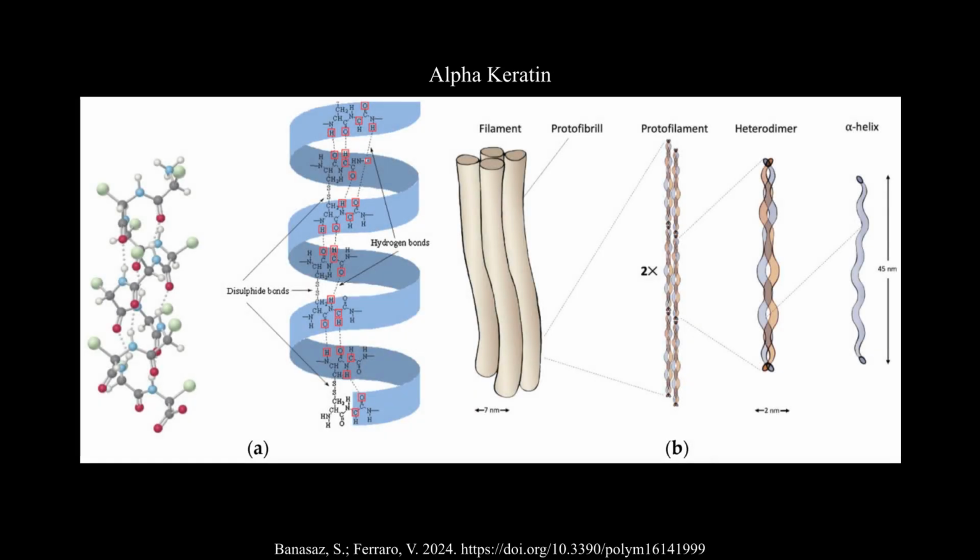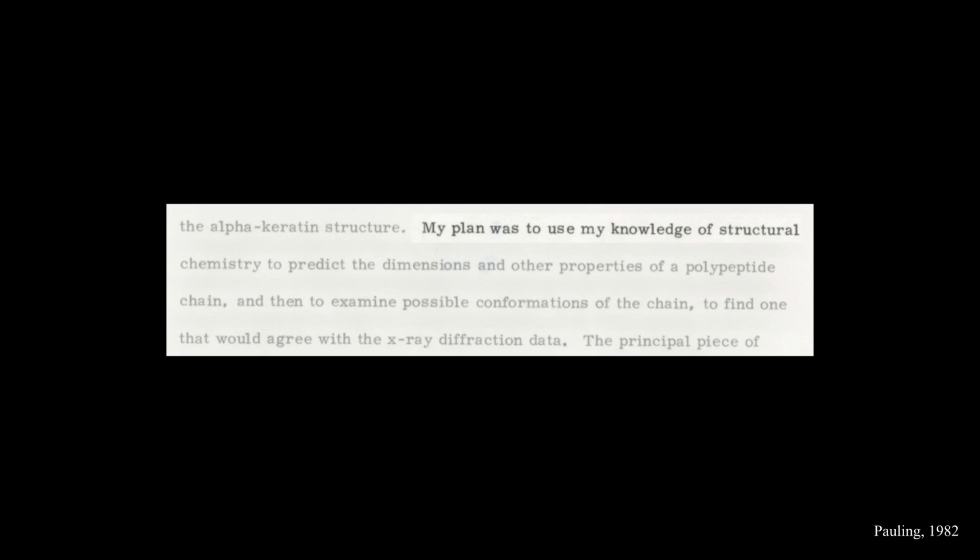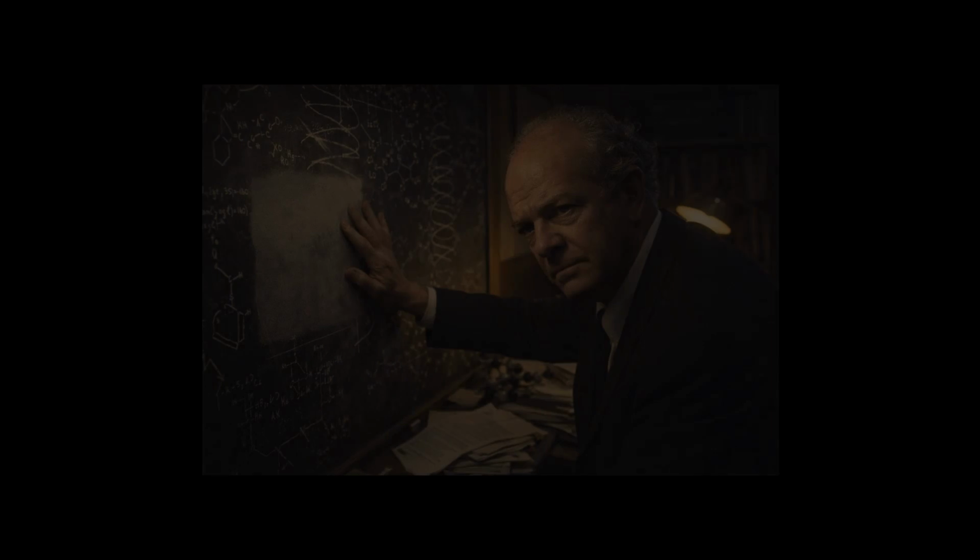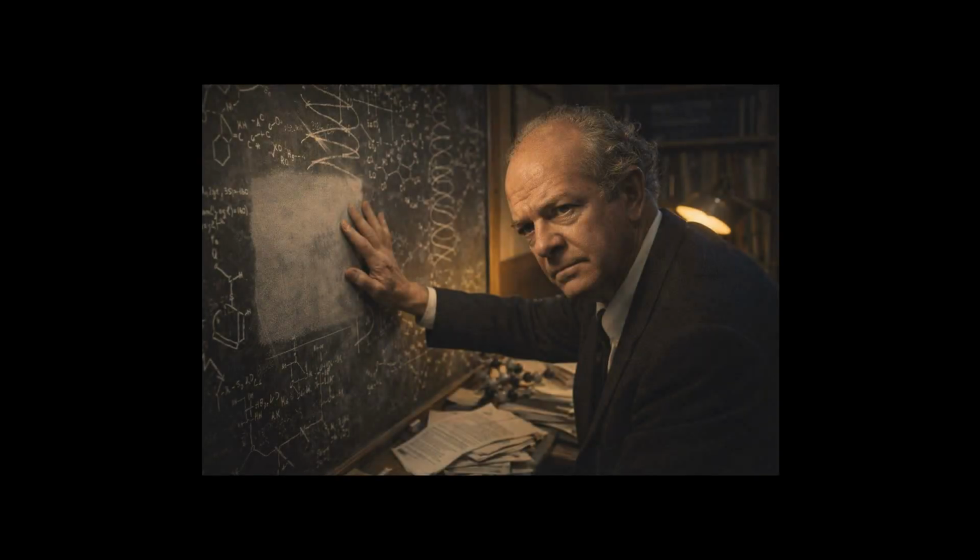In 1937, Pauling set out to decipher the structure of alpha-keratin with a plan to use his knowledge of structural chemistry to predict the dimensions and other properties of a polypeptide chain, and then to examine possible conformations of the chain. However, he eventually reached the conclusion that a piece of the puzzle was still missing and stopped working on the problem for 15 years.